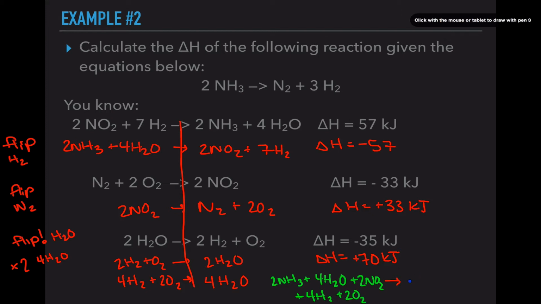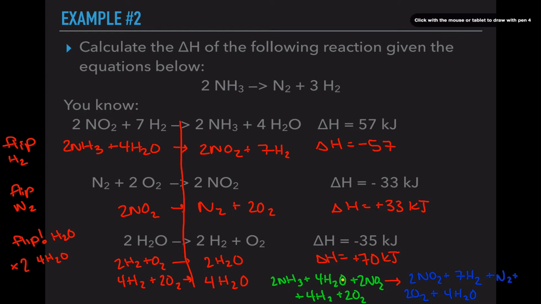So that's all the stuff on the left-hand side of my arrow. On my right-hand side of my arrow, I have 2 NO2 plus 7 H2 plus N2 plus 2 O2 plus 4 H2O.